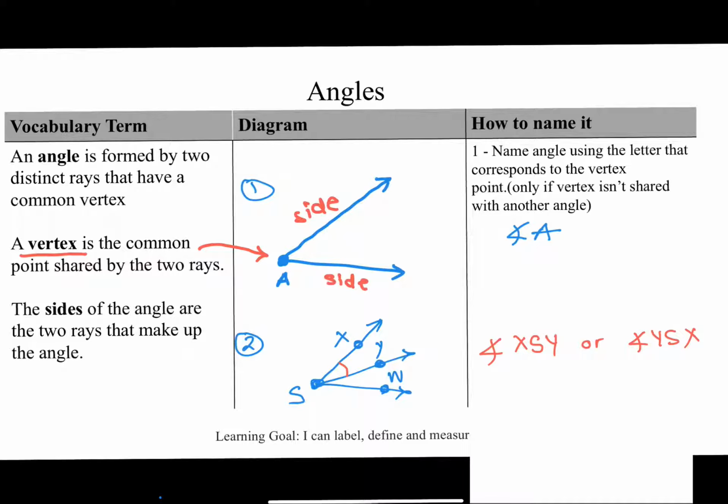And in a similar way for our green angle here, we can call that angle YSW, or we can call that WSY. So we can go either direction, forward or backward, as long as that vertex is in the middle. And that basically covers how to name an angle.